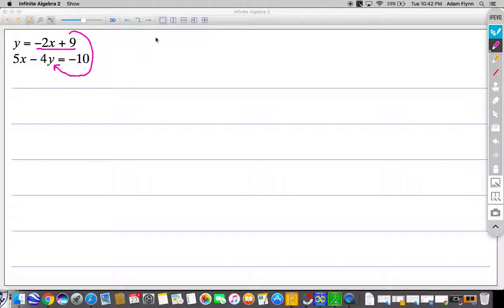So when we do that, we get 5x minus 4, instead of y, we have negative 2x plus 9, and then equals negative 10. So only difference here, again, I'll keep reiterating it in this video, we are just replacing this variable y, since we solved for it, with the expression it is equal to.